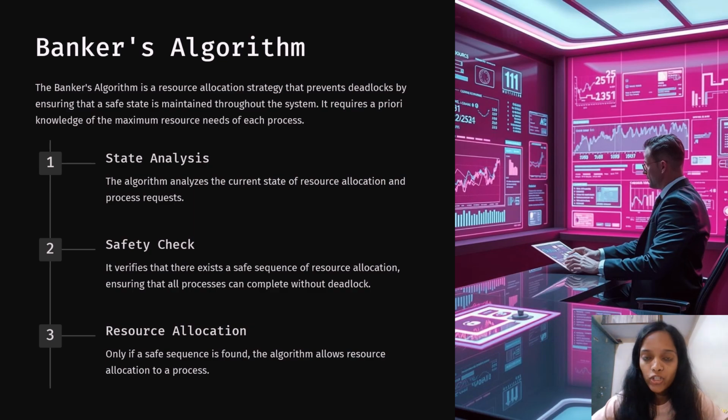Second one is safety check. It verifies that there exists a safe sequence of resource allocation, ensuring that all processes can complete without deadlock. Third one is resource allocation. Only if a safe sequence is found, the algorithm allows resource allocation to a process.